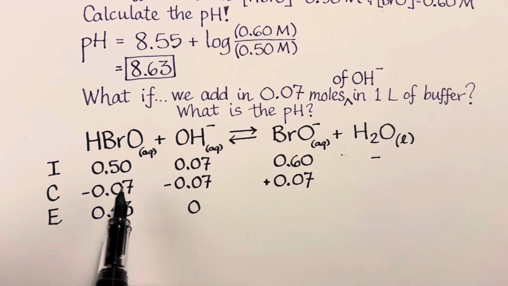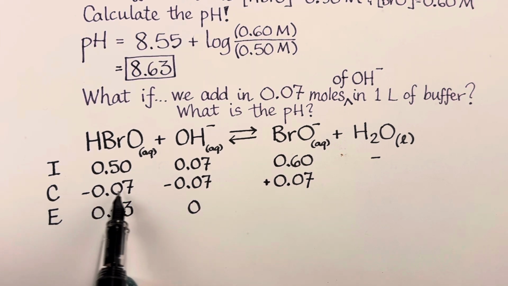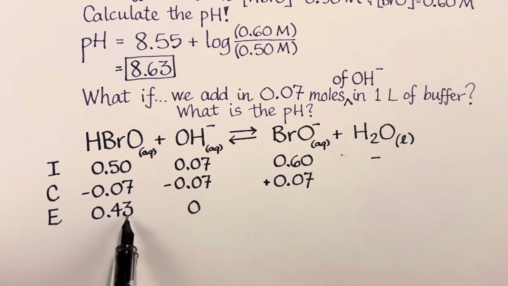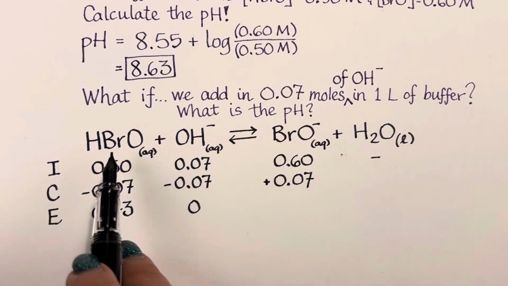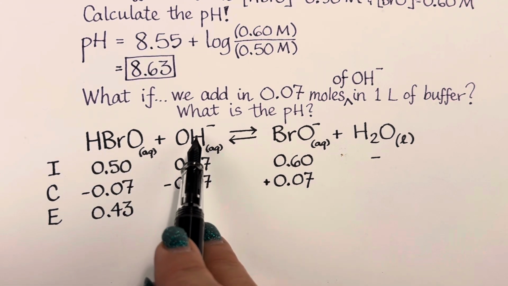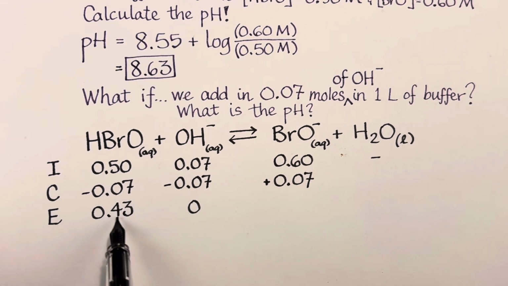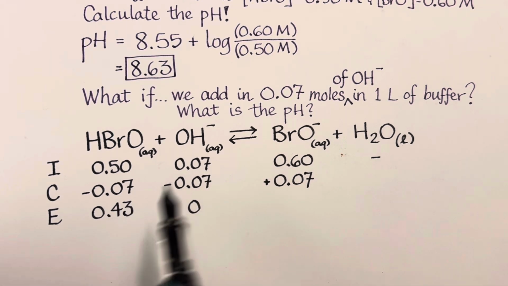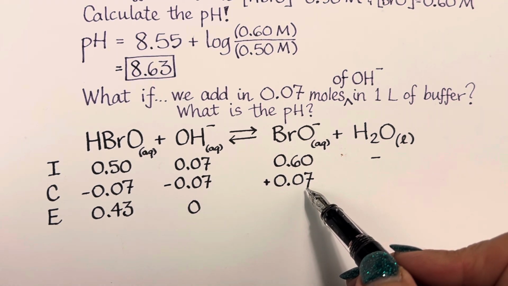So notice how when I said add these columns, because this is negative, we are subtracting this. That's why we get less here. Okay, and we would expect that because some of this acid reacted with the strong base. Okay, but we still have plenty left. Meanwhile, we have formed more of the conjugate base.